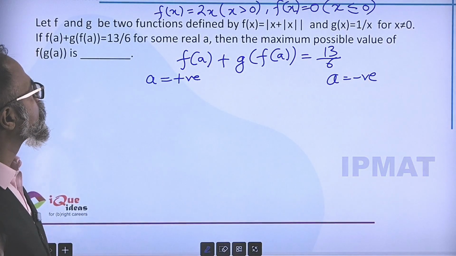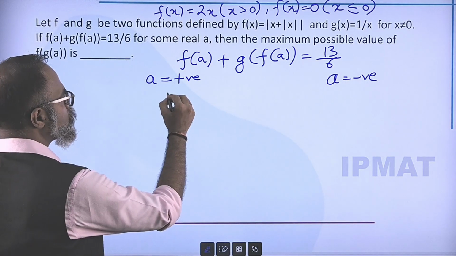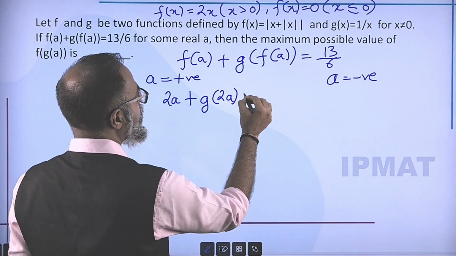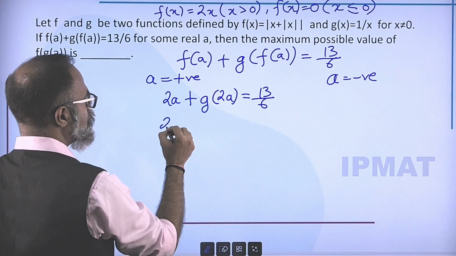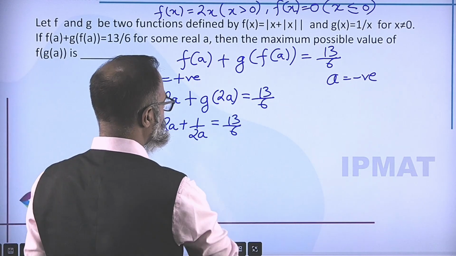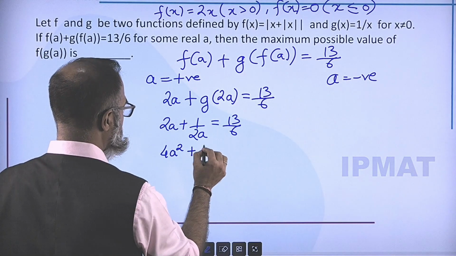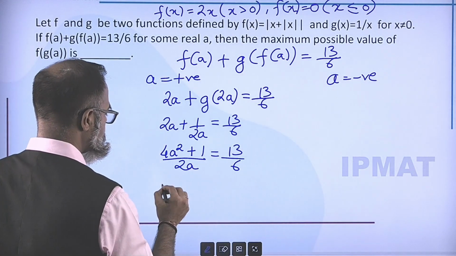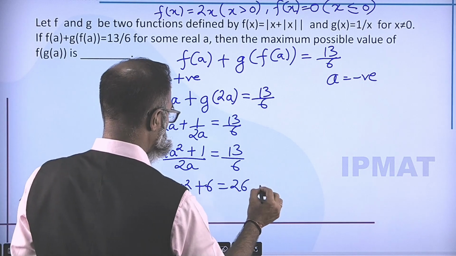Let's take positive. For positive a, f(a) is 2a. So this becomes 2a + g(2a) = 13/6, and g of any number is the inverse. So 2a + 1/(2a) = 13/6. So I get (4a² + 1)/(2a) = 13/6. So 24a² + 6 = 26a.